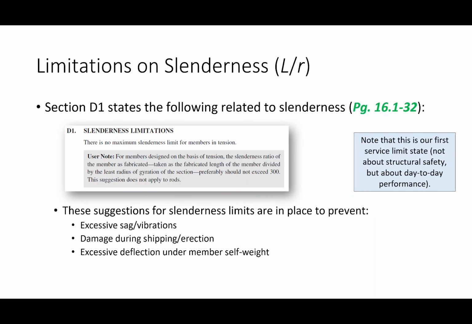If the member gets too slender, it can deflect under its own weight, it can excessively sag, it can lead to vibrations in the structure. So even though the manual says there is no limit, we're going to adopt this limit, and most structural engineers do. One thing I'll tell you is that this is our first service limit state. This has nothing to do with safety or factored loads. This is more about day-to-day use of the structure.